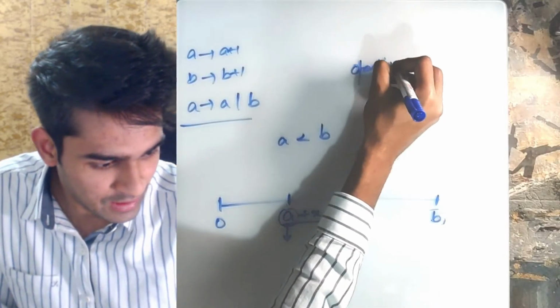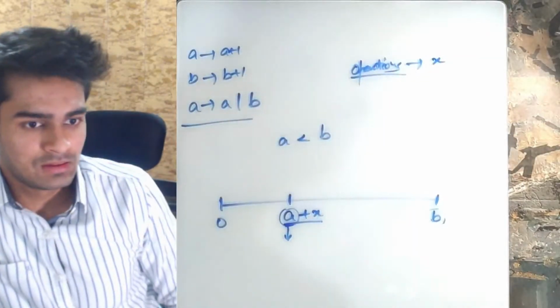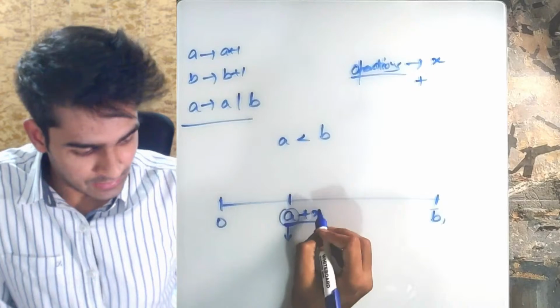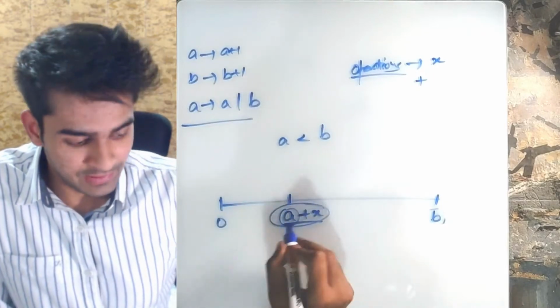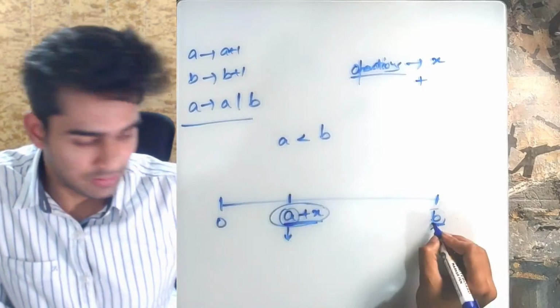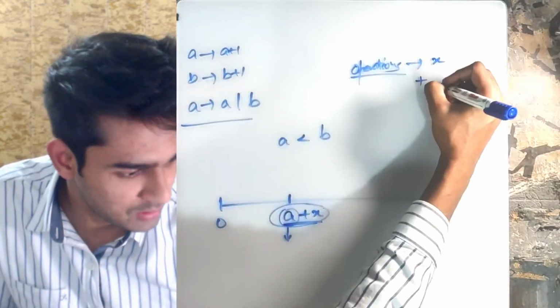I've already used x operations. Then I assume that if I take the bitwise OR of a plus x with b, it will become b. So for taking an OR, I have 1.